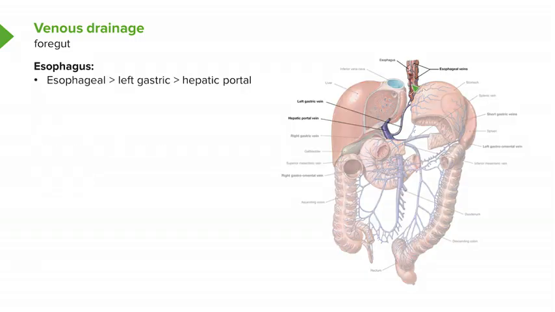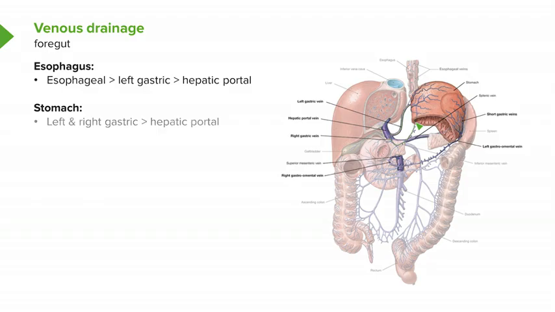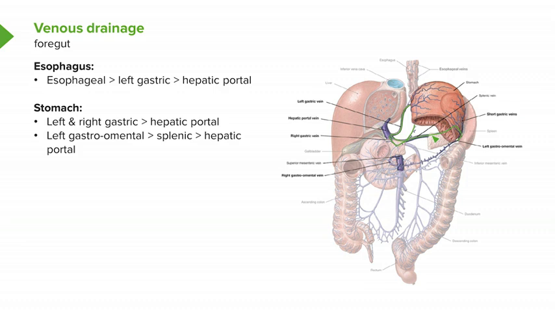So for example, the esophagus may well drain into the left gastric vein, which then passes into the hepatic portal vein here. We can see the stomach with its left and right gastric veins draining directly perhaps into the hepatic portal vein. The left gastroomental may well drain into the splenic vein, which then passes back to the hepatic portal vein.